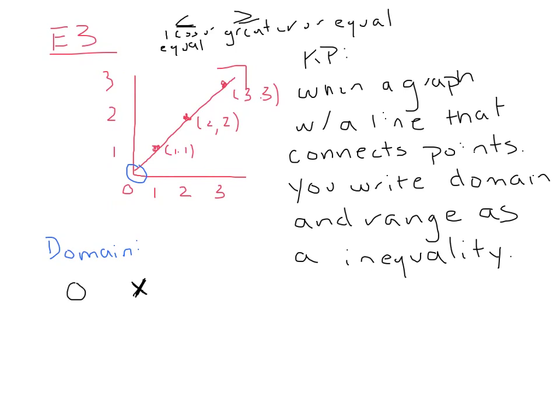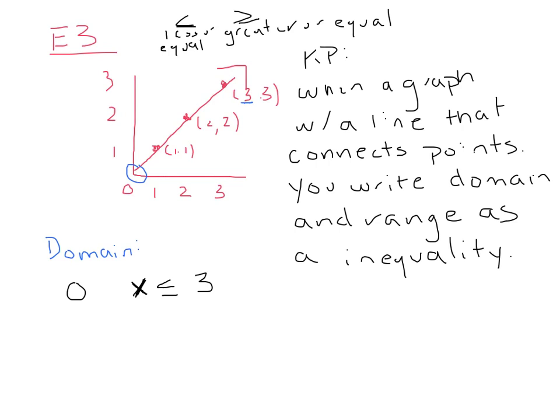And then on the other side, we know that it needs to be no greater than 3. If we look up at the top, we can see that the highest x value on our line, just on our graph, is 3. So we might say, okay, the highest it needs to be is 3. Now to write our inequalities, remember we have to read from the x first. So we want it to be less than or equal to 3.